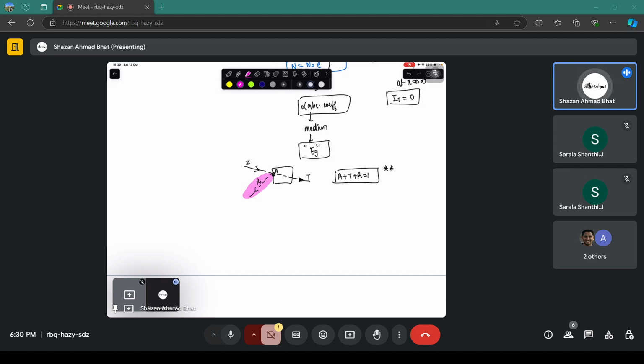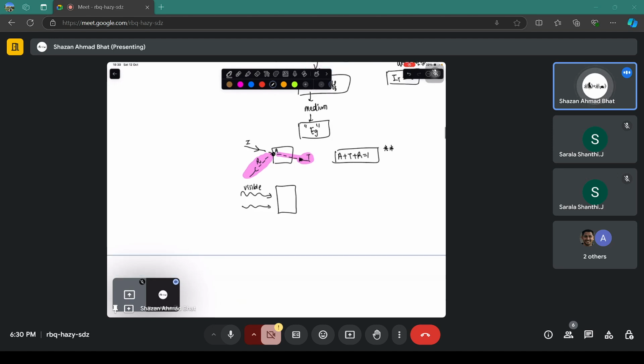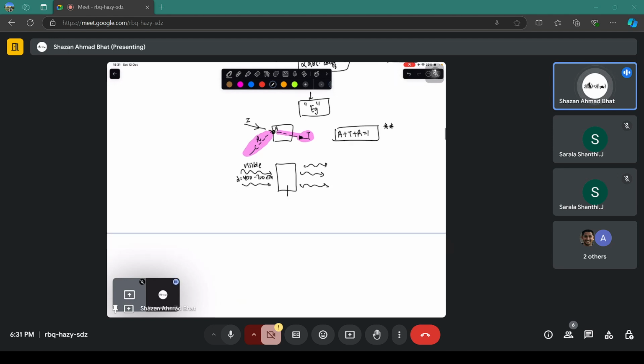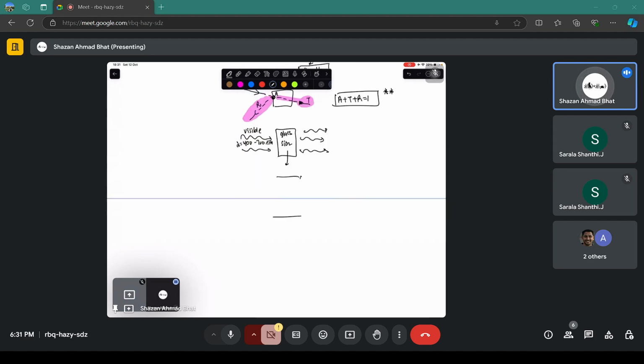And if it is transmitting, that means the material is, let's say, transparent to that wavelength. If you have a glass pane here and visible photons are hitting it, at wavelengths from 400 to 700 nanometers, the photons are easily going through. Why? Because this is mostly silicon dioxide, which is your glass window, and it has a band gap of approximately 9 electron volts.